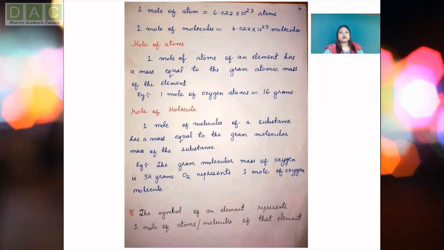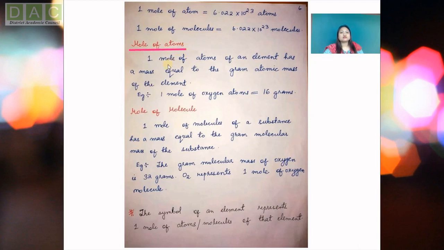Now we can see that 1 mole of atom is equal to 6.022 into 10 to the power 23 atoms, and 1 mole of molecule is also equal to 6.022 into 10 to the power 23 molecules. Now next we can see mole of atoms.